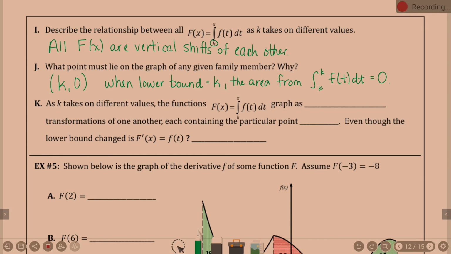Vertical. Okay, as vertical transformations of one another, each containing the particular point k comma 0 we already talked about.